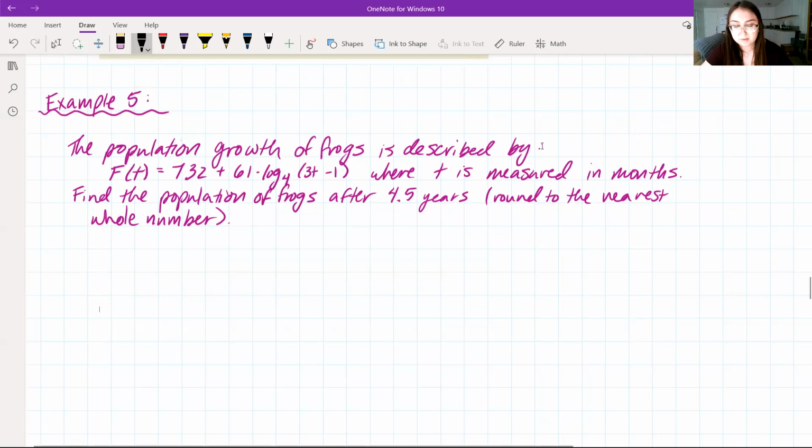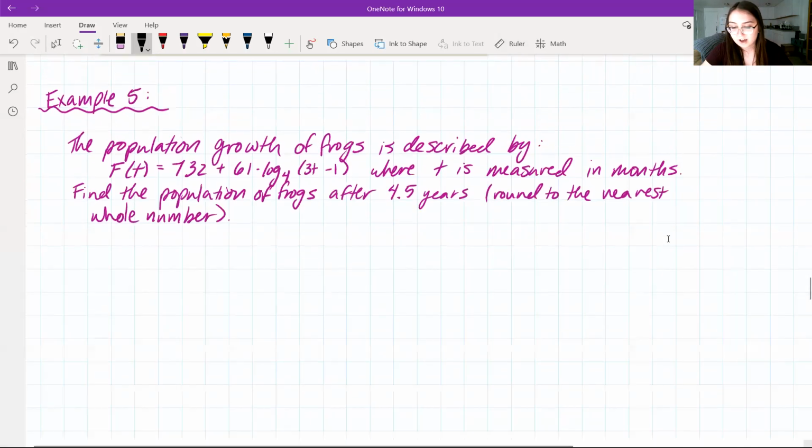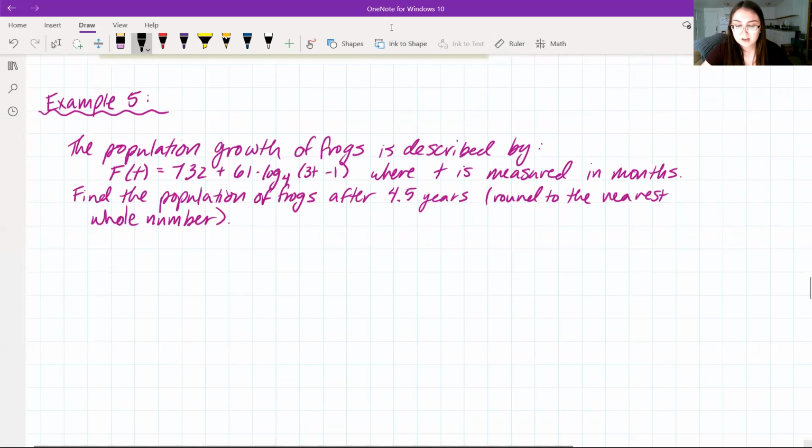We want to find the population of frogs after 4.5 years, rounded to the nearest whole number. We know that t is measured in months, so we need to convert 4.5 years into months.